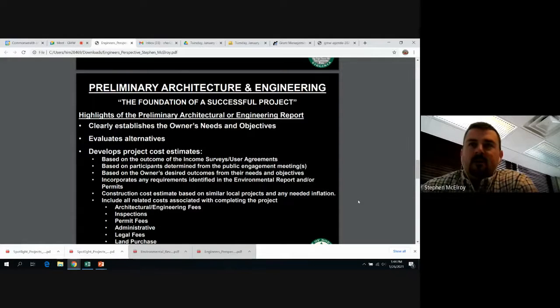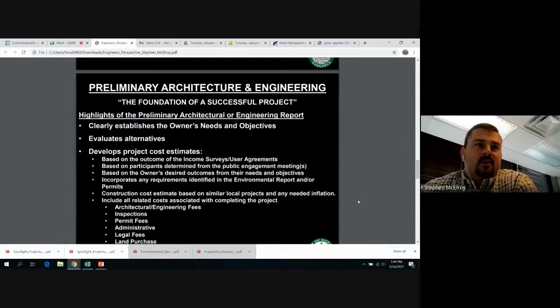So it's the engineer's best judgment for any needed inflation and just the bidding market. How's the climate in your area? What qualified contractors do you have? Because these things could take a year, maybe 2 years from conception through construction. So it needs to clearly identify the best detailed construction cost that you can come up with.